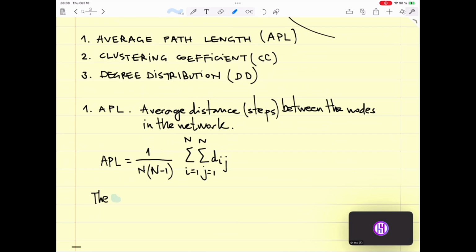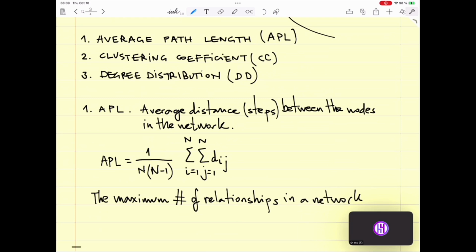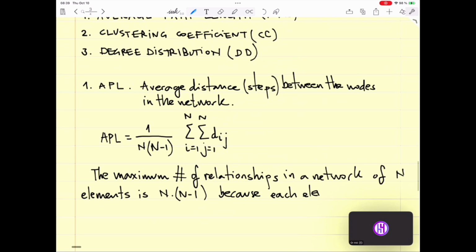So the maximum number of relationships in a network of n elements is n times n minus 1, because each element relates or can relate to all others, hence n minus 1, n times.